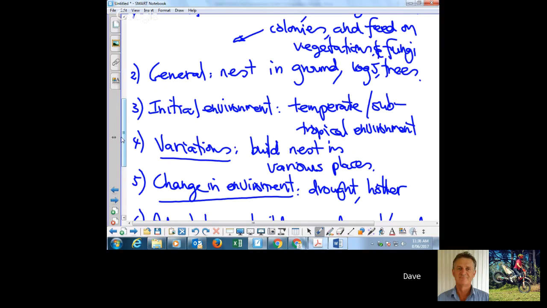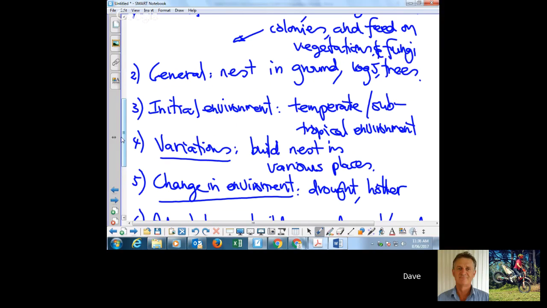And then variations, I suppose would be bilbies that only burrowed shallow and bilbies that burrowed deep. And some bilbies that don't live in burrows might just live in hollow logs, or under the mulch. So you're talking again about building nests at various different sites.